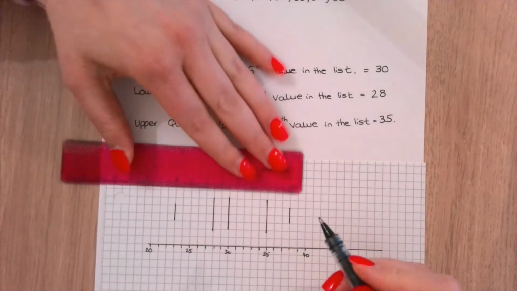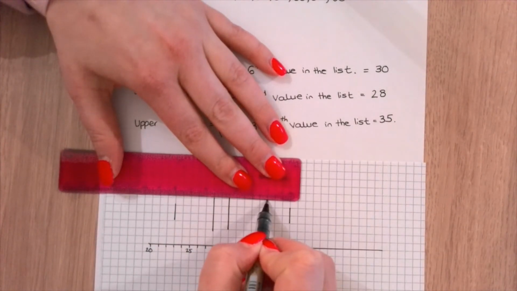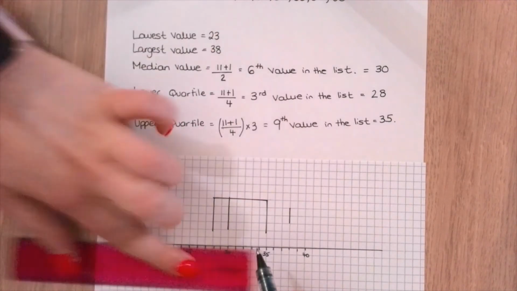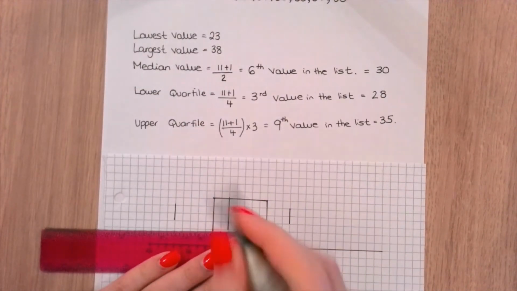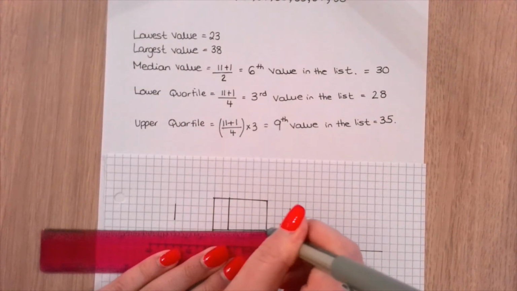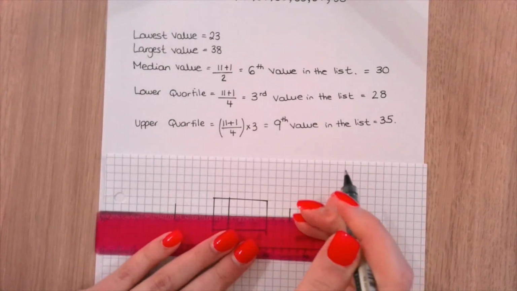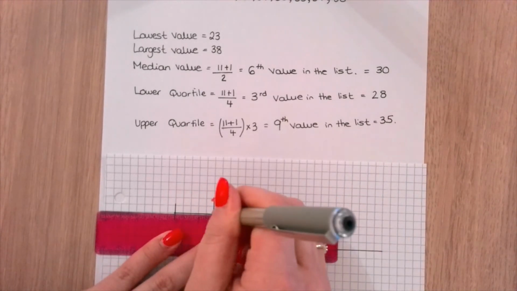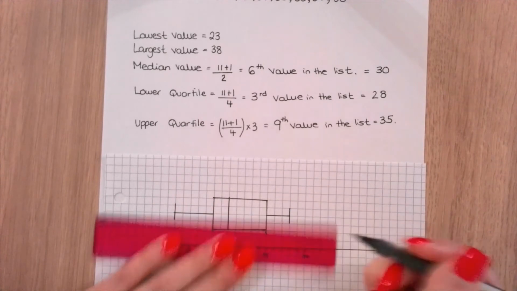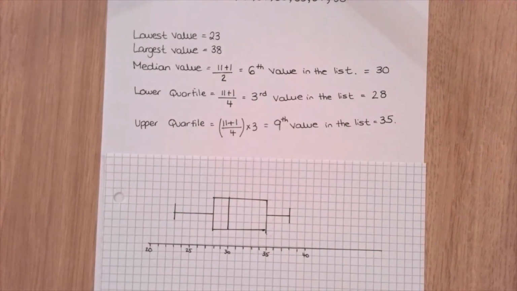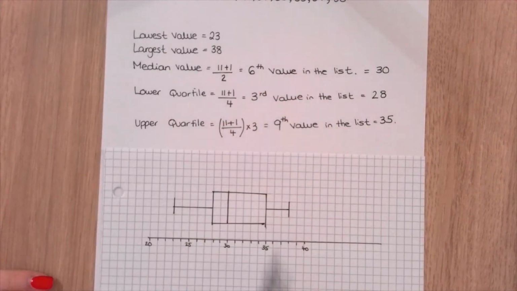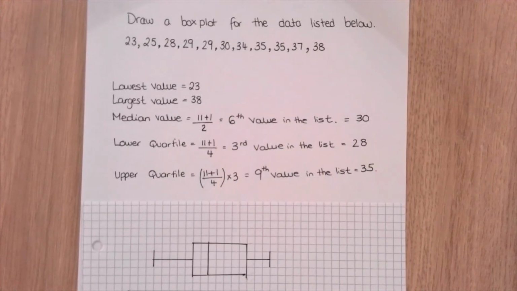Once I've got that, I can join up my quartiles with my box, as you saw in the other diagram. And then join on those whiskers there. And that is a box plot to represent the data that I had in my original question.